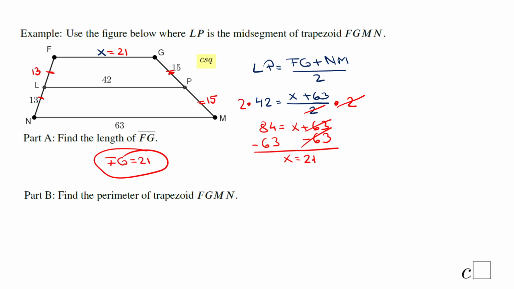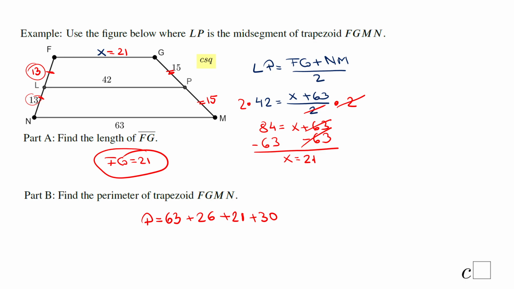So now, how do we find the perimeter of this guy? We add all these numbers we see on the picture, not all of them. Let's start with 63, the long base, and then we have these two 13s, which represent half of the leg FN. So we're gonna have a 26 here, which is leg FN, plus 21, the short base FG, the one we found out, and plus 30.